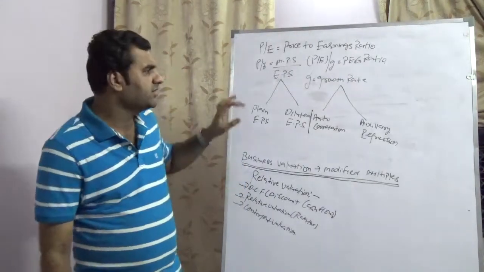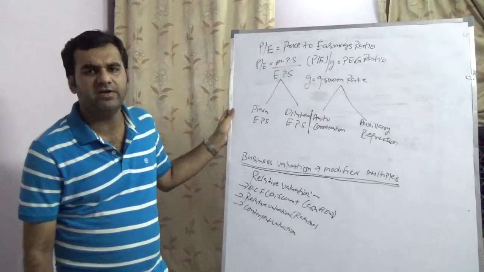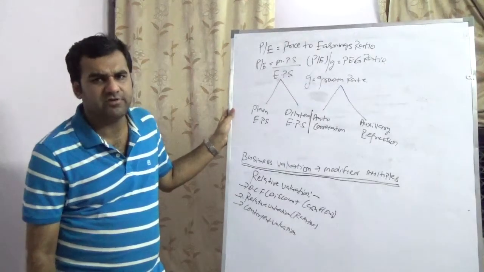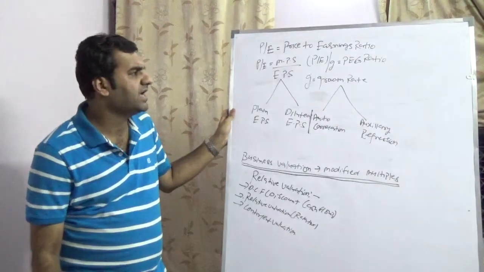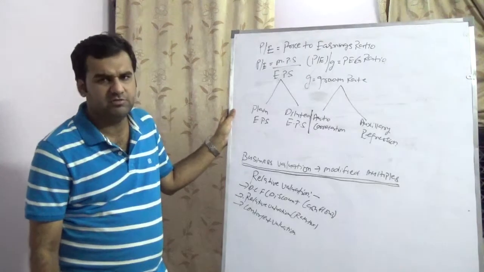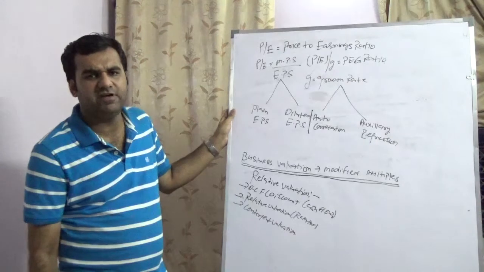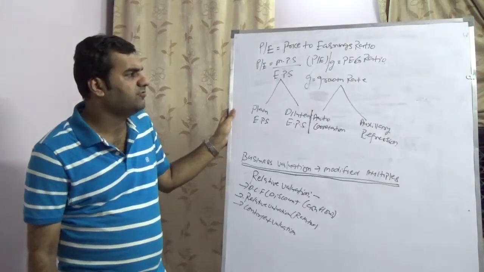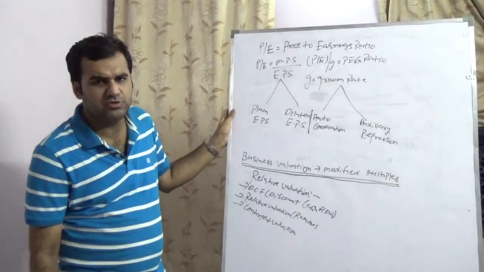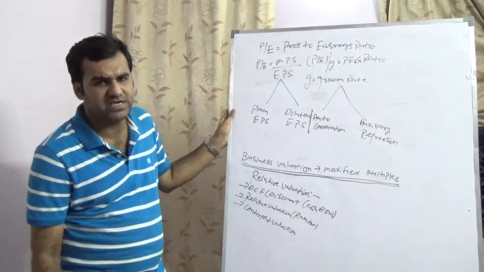Please note that modified multiples refers to a fact that once you are modifying the existing multiple of a relative valuation, you have to make sure that the modified multiple which you are using is subject to two issues statistically.